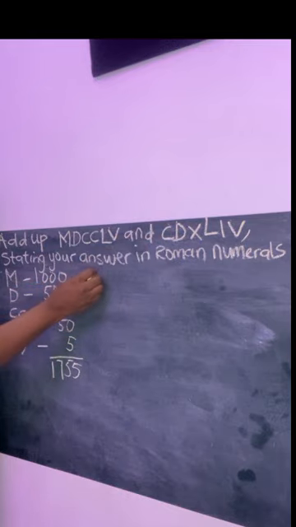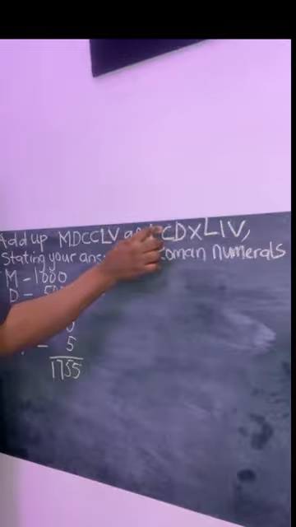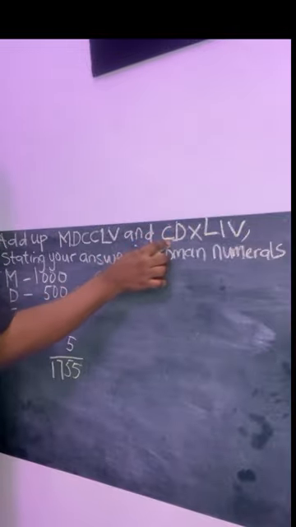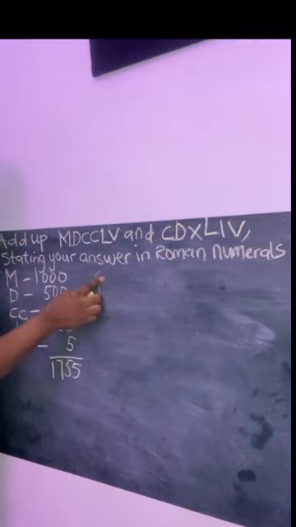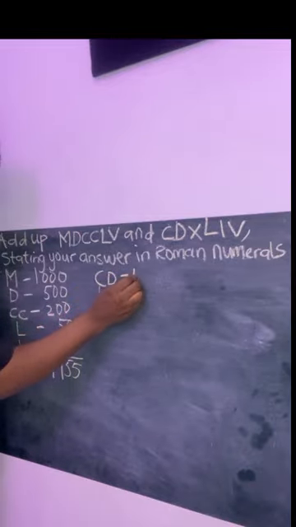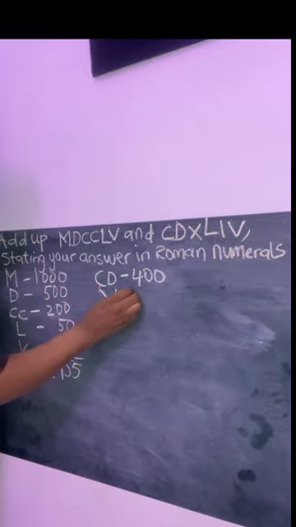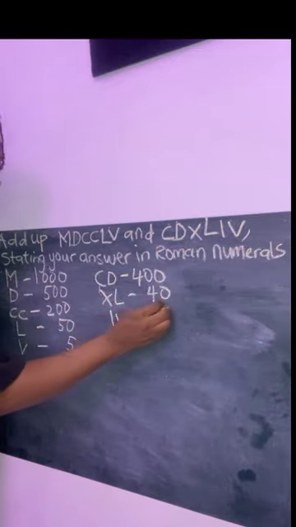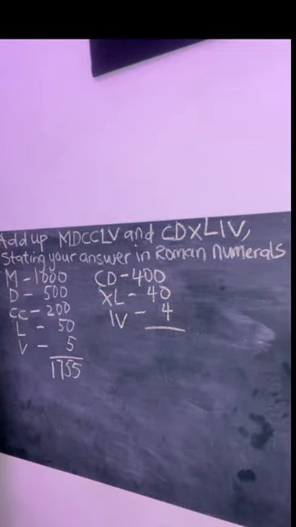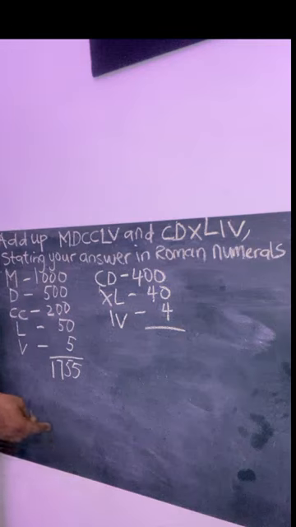Remember, I cannot just write C, then write D, because when you have C before D, it indicates another number, and that is CD. CD is what? I said earlier, 400. XL is 40. IV is 4. How will I know that I will not write my C first, before I write my D?